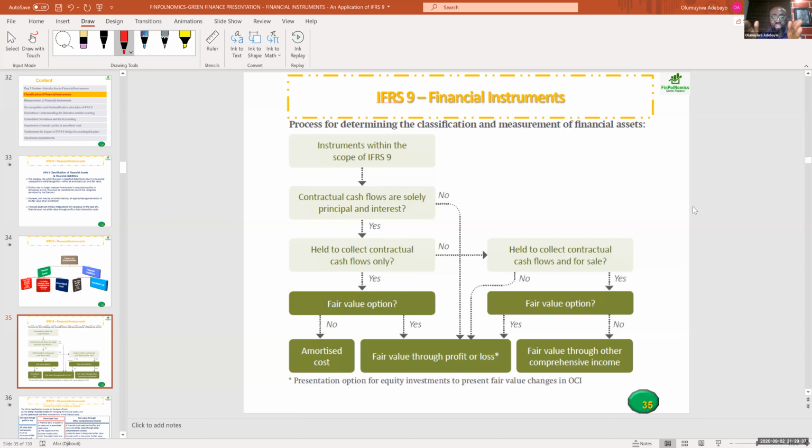Also tomorrow, we are going to look at hedge accounting as a voluntary accounting. We have a little discussion on it, and what the impact is for those entities that voluntarily adopt hedge accounting. And also we look at a little information about what we need to disclose about our financial instruments in line with IFRS 7.